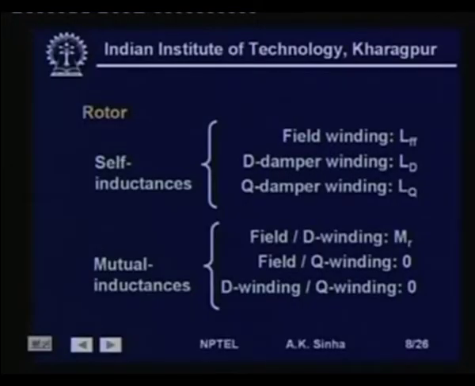Now, the rotor self inductance, as I said, LFF is going to be constant, because the rotor is all the time seeing the same magnetic circuit. The flux from the rotor will pass from the pole faces through the air gap into the stator core, and then will come back again from the stator core through the air gap to the rotor poles.